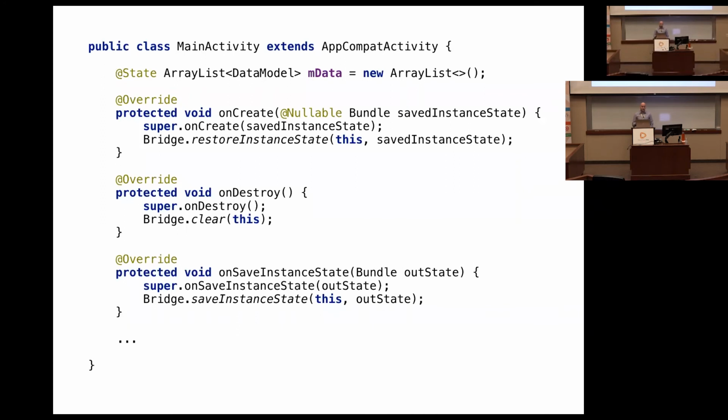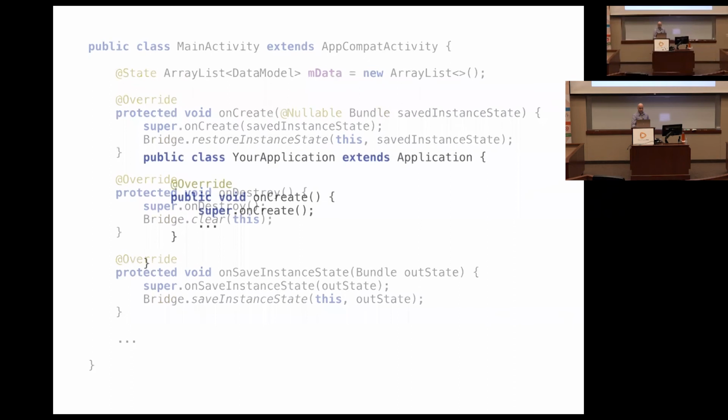So what Bridge does is if you have put this clear call in onDestroy, it will be smart enough to know, are we calling onDestroy because it's a configuration change, or because you're legitimately leaving this activity? If it knows you're legitimately leaving the activity, it will clear any data that was previously saved. And there's a bunch of other stuff that Bridge does internally too, to try to delete data once it knows it doesn't need it.